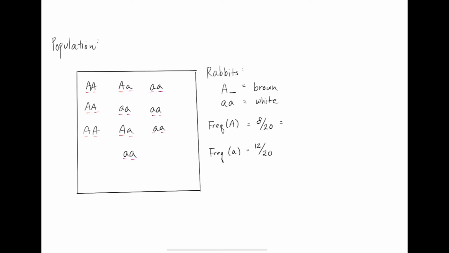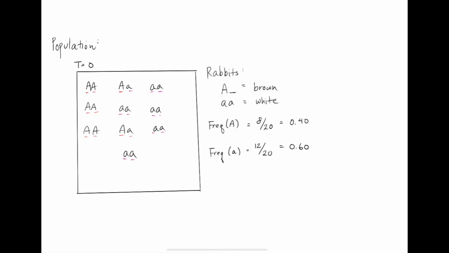This could be expressed as 0.40 or 0.60. All right, so this is the allele frequency of this population at a given time, time 0. This is important because remember that evolution happens across time.